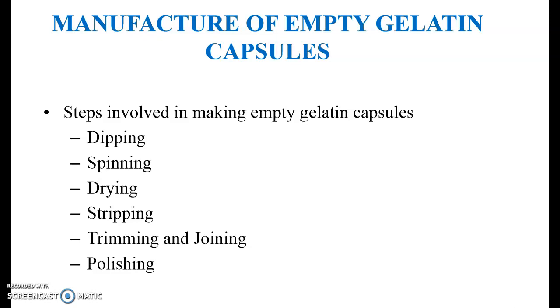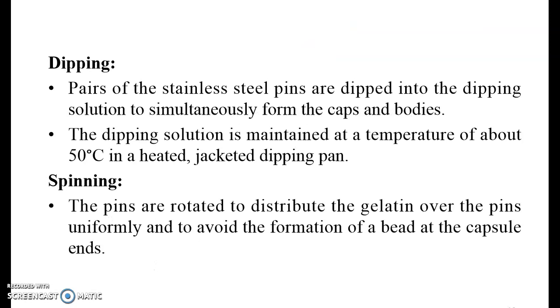There are different steps now. Once gelatin is ready, it is prepared by these steps: dipping, spinning, drying, stripping, trimming, joining, and polishing. It is carried out in machineries where gelatin is kept in trays with proper temperature and proper viscosity.